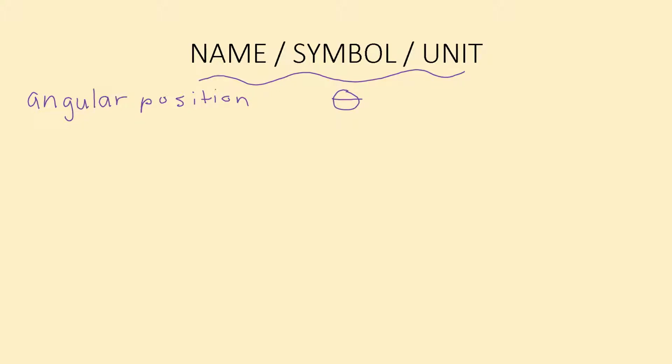So first we need to get down some name symbols and units. For our names over here, we will have angular position, and that will be given by the symbol theta for a radian.